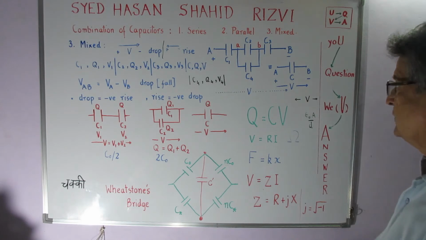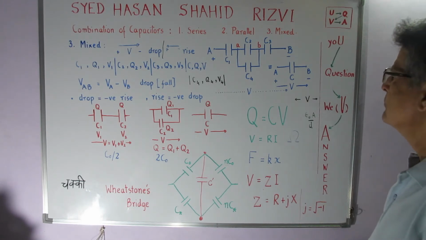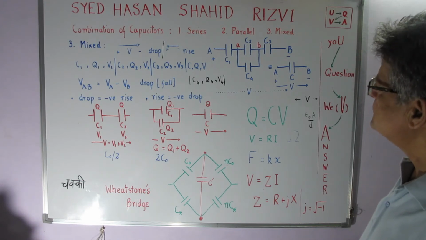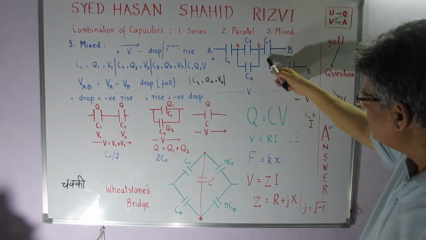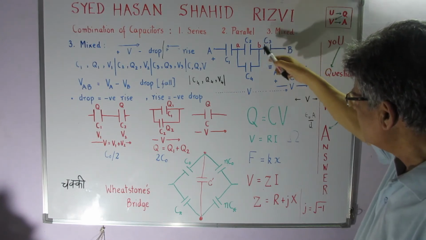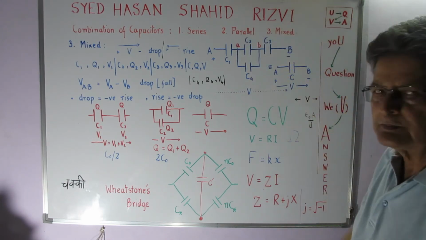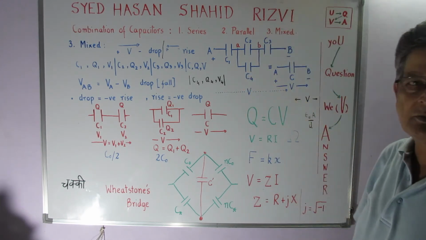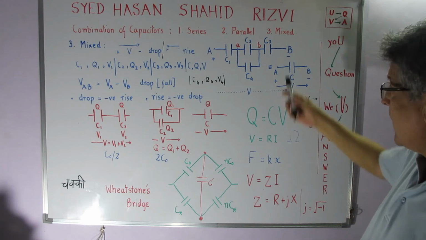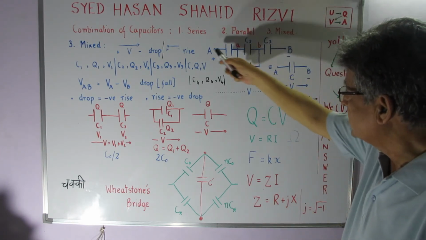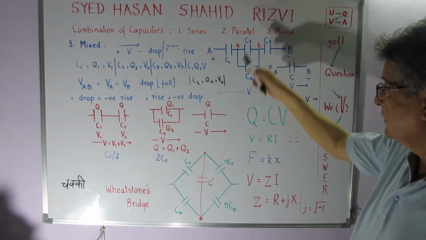What is there? I can bring this C3, look here very intently, from here I can shift here. So first C1, then C3, then C2 plus C4 combination. Or I can put it here, or I can put it here because they are in series, this combination.